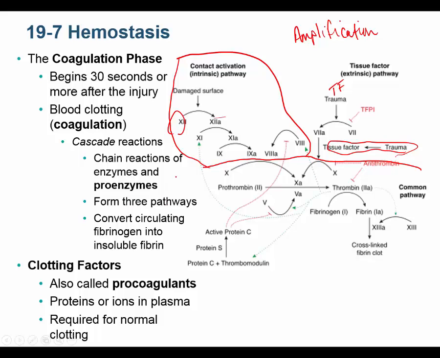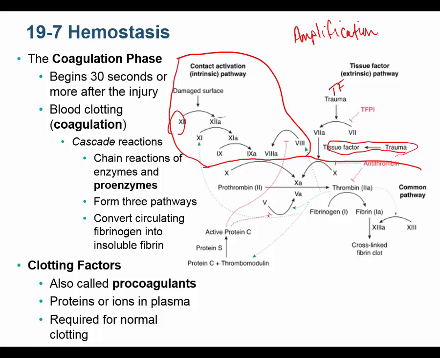Okay, so before I go on, notice these red dotted lines. These are all inhibitory. So just like with the platelets, that as soon as I started sequestering and aggregating and activating platelets, I also started inhibiting their aggregation and activation. See, because I want to control clotting just as much as I want to clot.